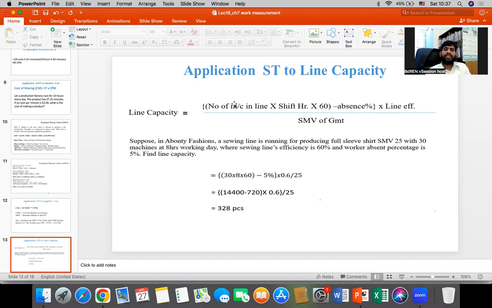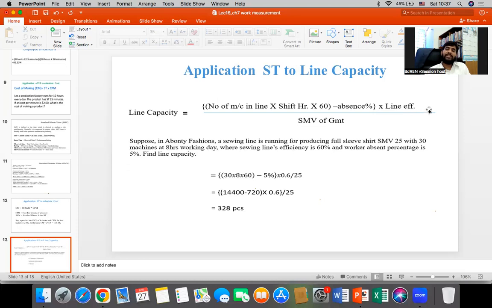And then subtract the average absence rate. You also get the absence rate from the HR department. On average, how many people are absent in the office per day? If it is 10%, you will deduct 10%, and you will multiply by line efficiency.